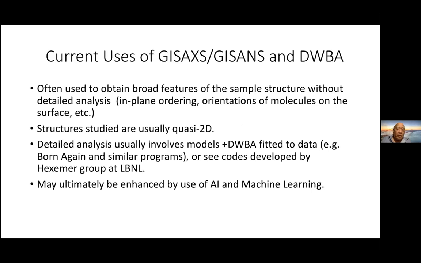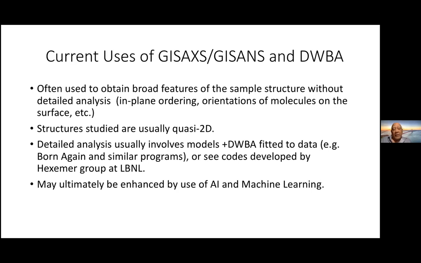The structures studied are usually quasi two-dimensional, and detailed analysis has usually involved models, as we've already heard in several talks at this conference. Models often use DWBA fitted to the data, and there's commercial software to do this, I guess, Born Again and other programs.